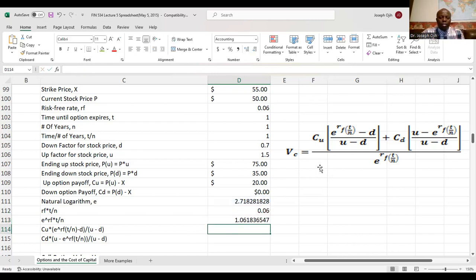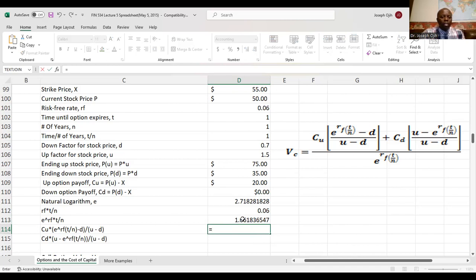Now let's get the whole of this part. We have this one now here as this one here. So let me get the whole of this part, which is CU times all this.